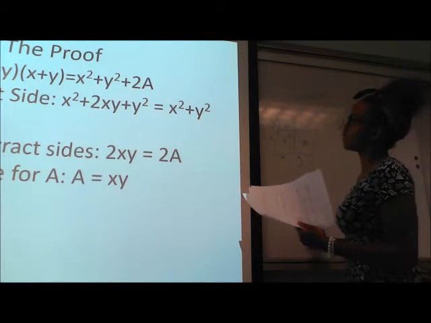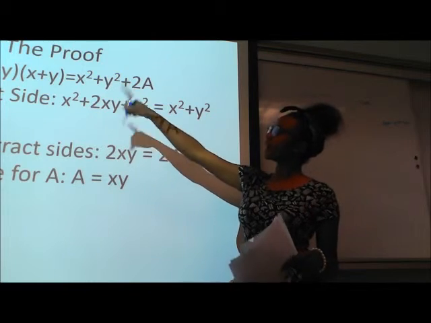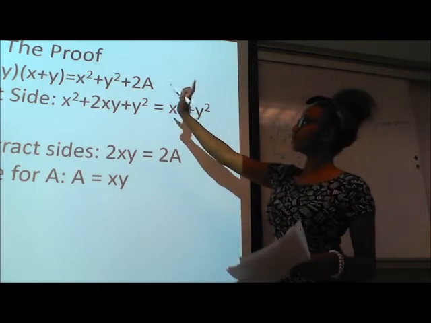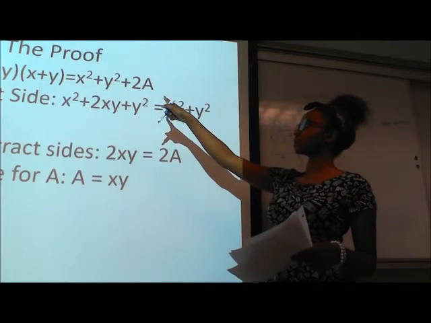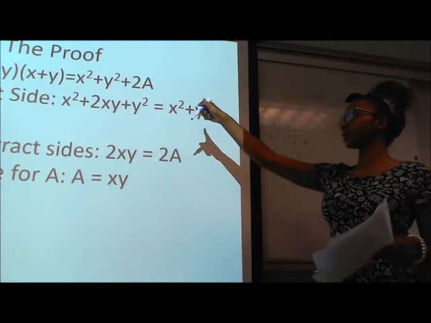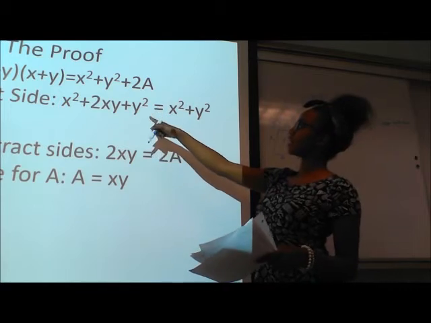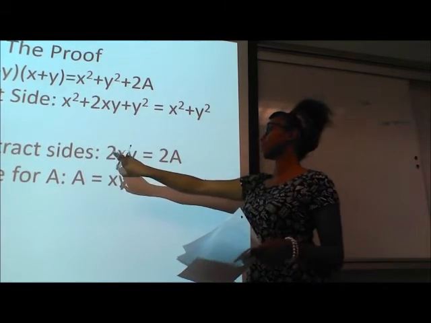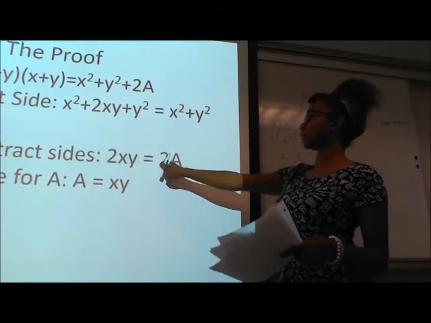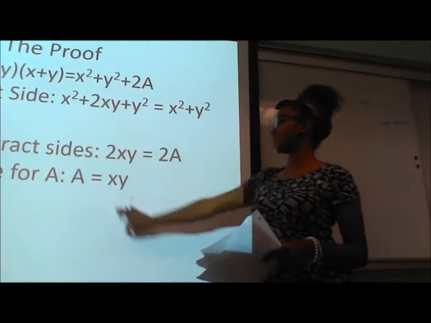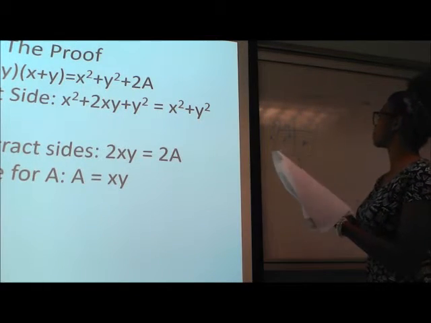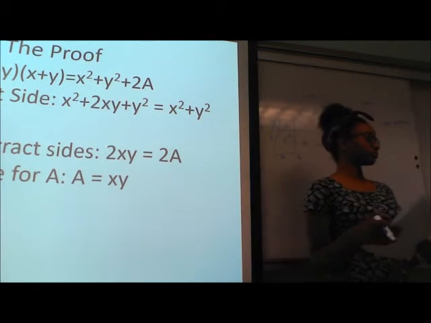And so you're going to have your x plus y times your x plus y, which is going to give you x squared plus y squared plus 2a. The left side is going to be the same thing. You're going to subtract both sides, but you're going to come out with 2 times x times y, which is going to equal 2a. Solve for a, you're going to end up with x times y, which is the same thing as your formula with base times height.